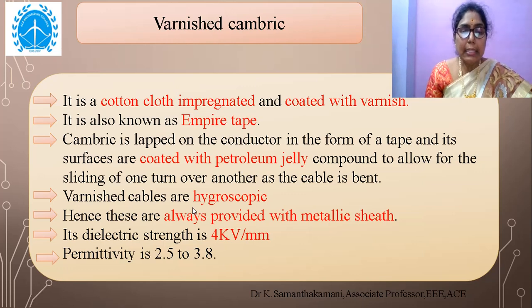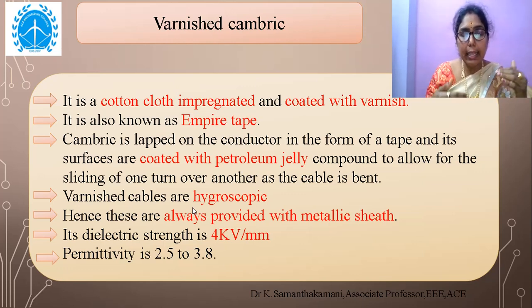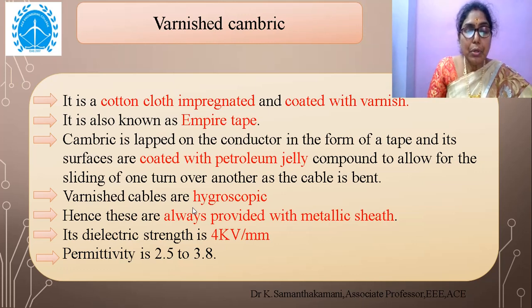These cables are also hygroscopic. Like impregnated paper, the hygroscopic nature of varnished cambric can be avoided, and generally these are provided with metallic sheaths. Coming to the dielectric strength, it is 4 kV per mm, and its permittivity is 2.5 to 3.8.